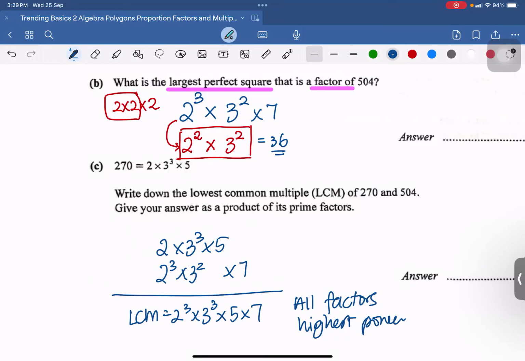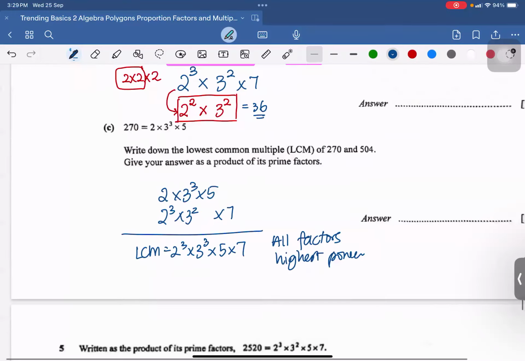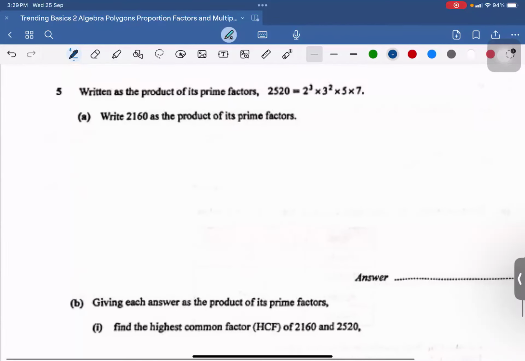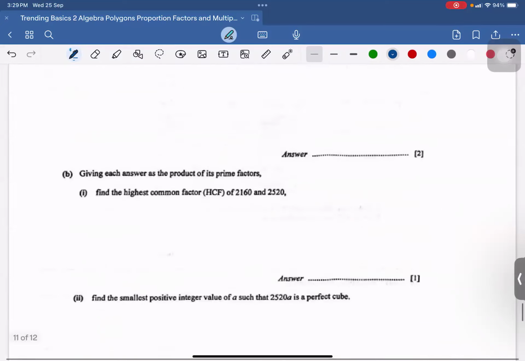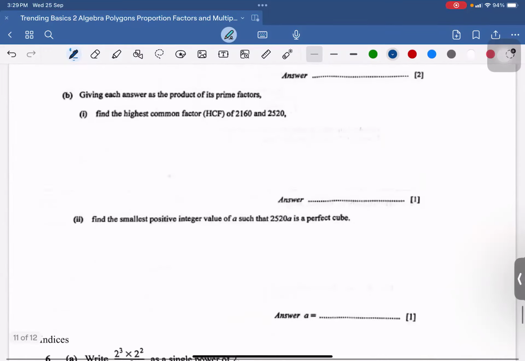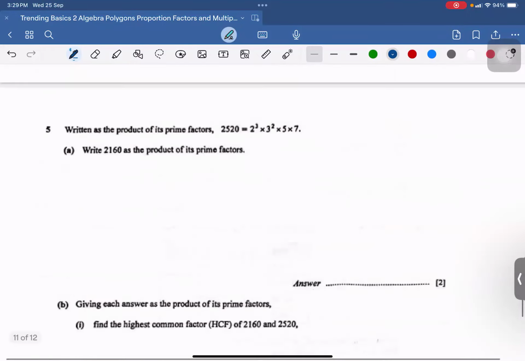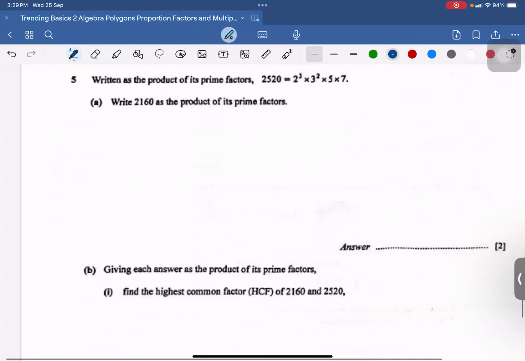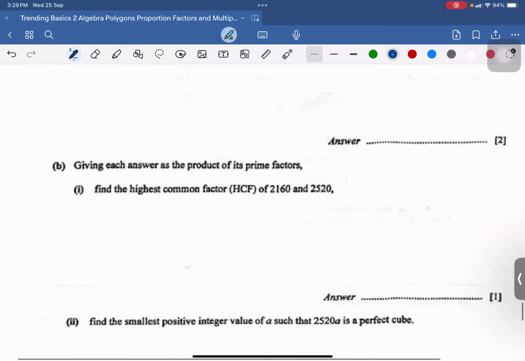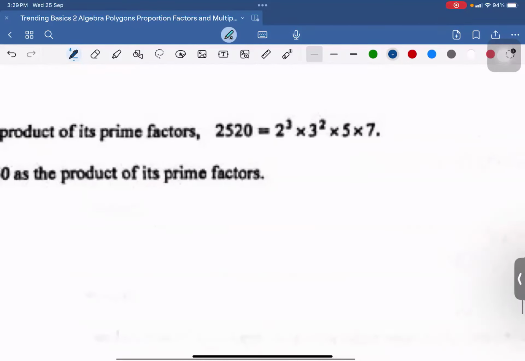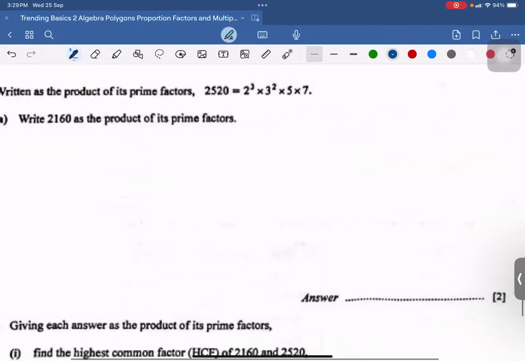Okay, so this one most of you know, so I'm not going to spend too much time on this. Okay, next one. 2160 as a product. Find the highest common factor. Find the smallest positive integer such that this is a perfect cube. I assume you can do this. So I'm going to highlight the one on perfect cube. 2 cube, 3 square, 5, and 7.